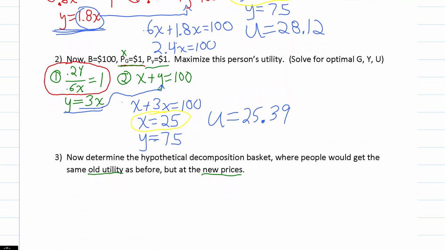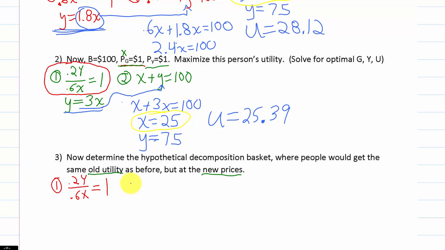What this guarantees is that the marginal rate of substitution, 0.2y over 0.6x, is equal to the ratio of the new prices after the price change, which is 1 over 1. So that's the same equation that we used in number 2.